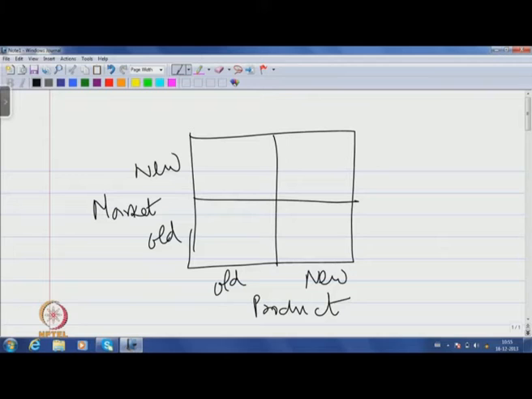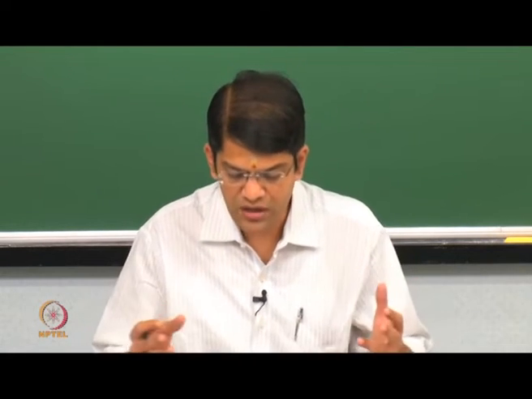If you are in an existing market with an existing product, which means the old market and the same old product, then you are just trying to penetrate the market further. So, that could be a market penetration strategy. Or you could expand the market by using the same product.